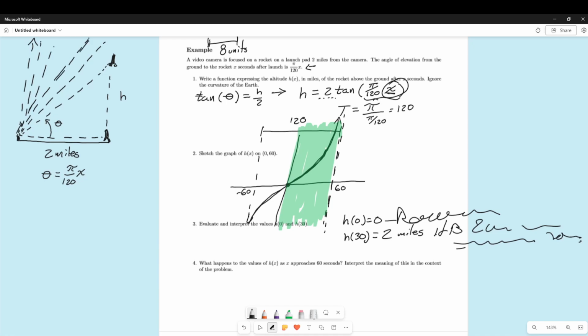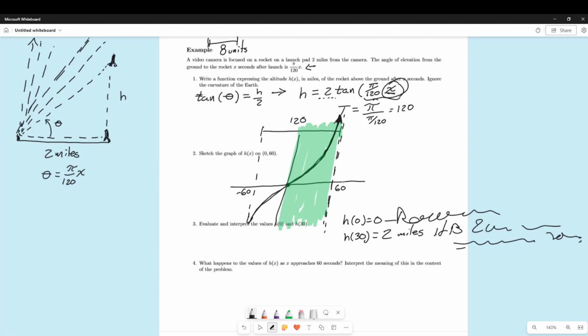But if you can imagine you're standing there, as the rocket gets higher and higher and higher, your head is going to get tilted more and more upward. But at no point is that angle ever going to get more than 90 degrees, and that's this asymptotic effect occurring.